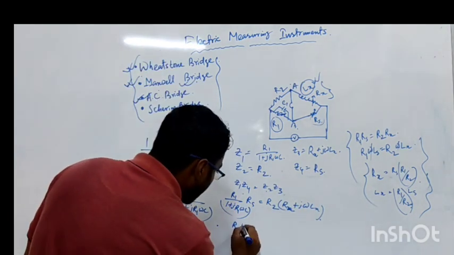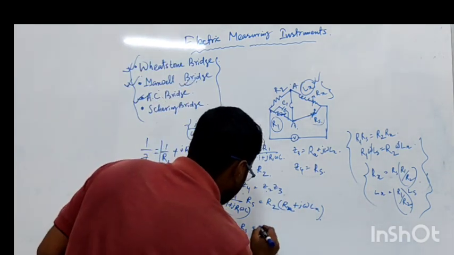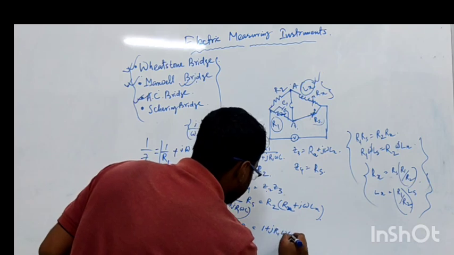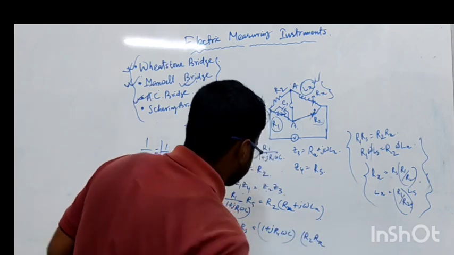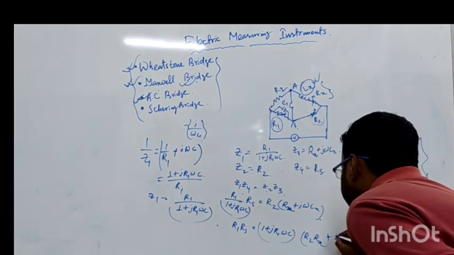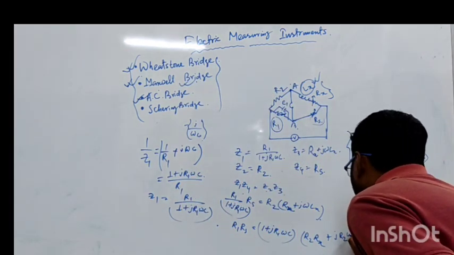So it will be R1 Rs equal to 1 plus j R1 omega C into R2 into Rx plus j omega Lx.